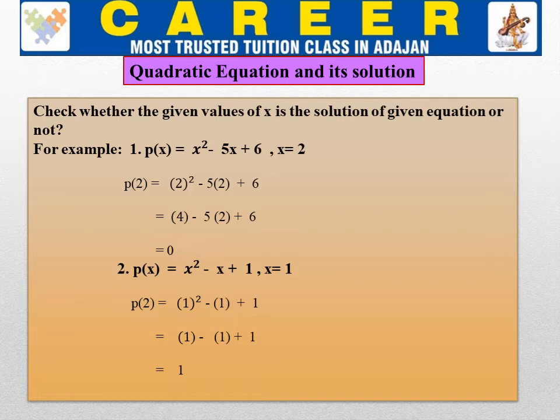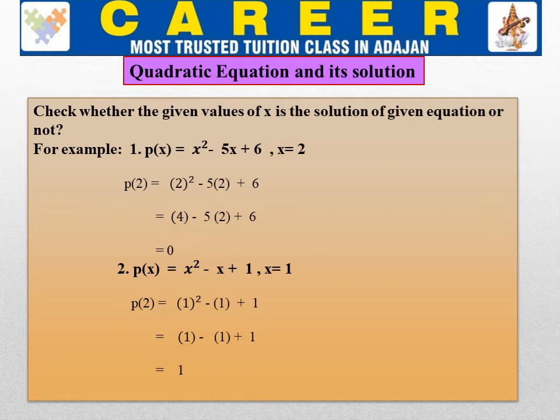In this case, you just replace x by the given value, and if p of alpha is equal to 0, that means that value is the solution of your given equation.